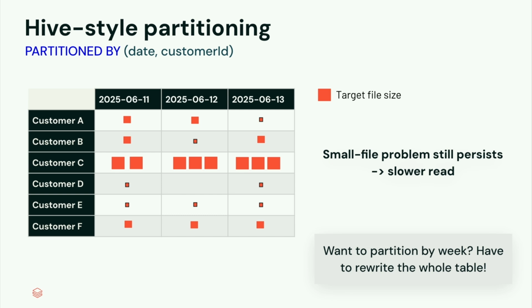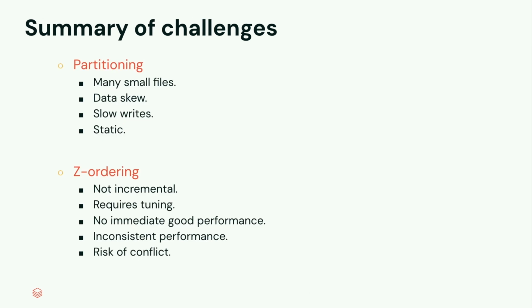So to summarize, what are the challenges we saw here with partitioning? We saw small files, data skew, and slower writes as well when you're actually writing this out. And last but not the least, it's static, meaning if you make a mistake in choosing the layout, you have to rewrite your whole table.